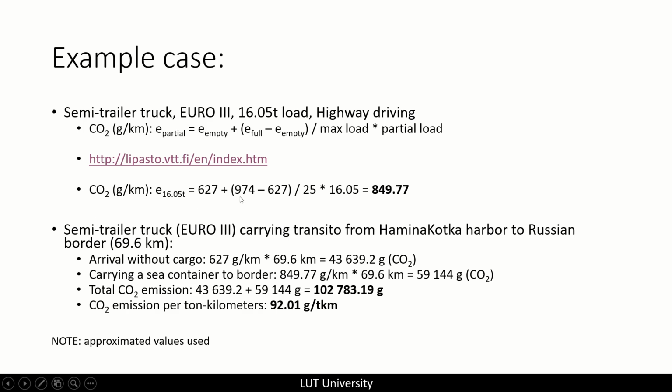So when we have that figured out, we can go further on with our case. We assume that the truck comes from the Russian side without any cargo. So for the first half of the trip we use the emission factor for empty load, and we multiply that by the distance from the Russian border to the Hamina-Kotka harbor, which is 69.6 kilometers.